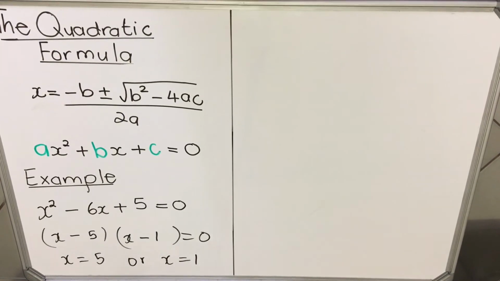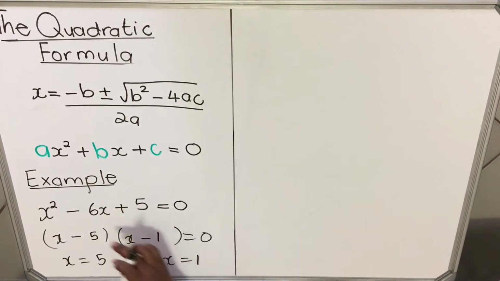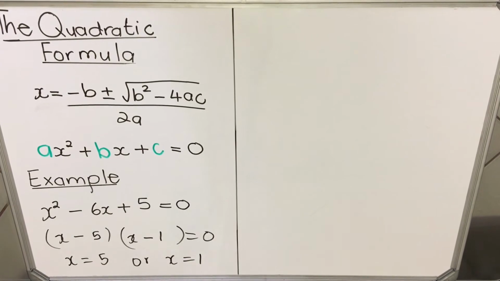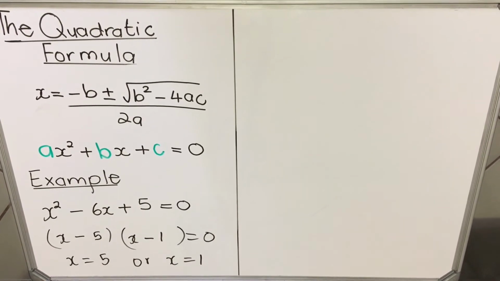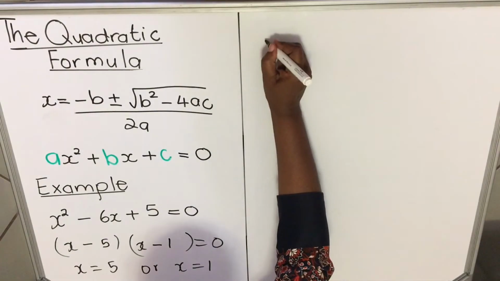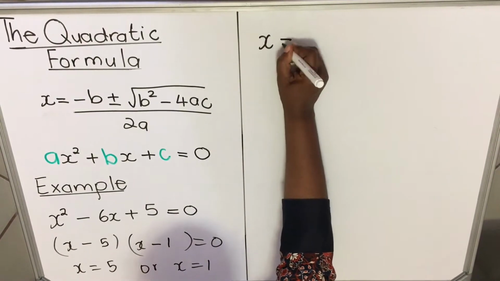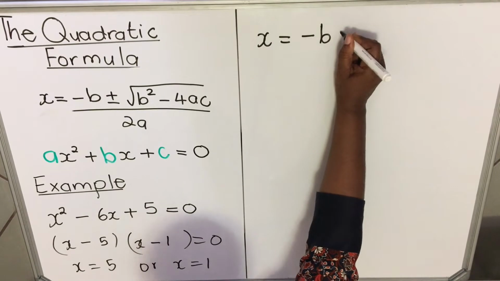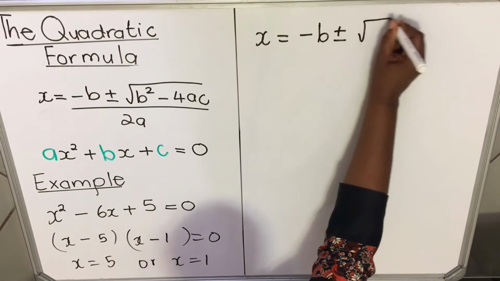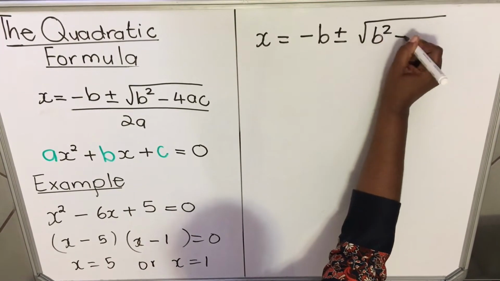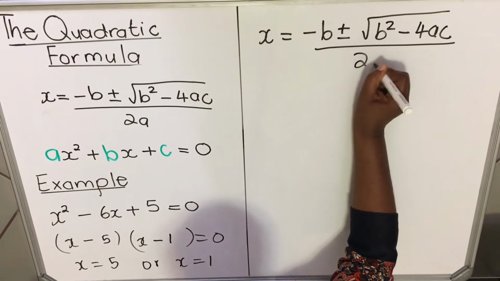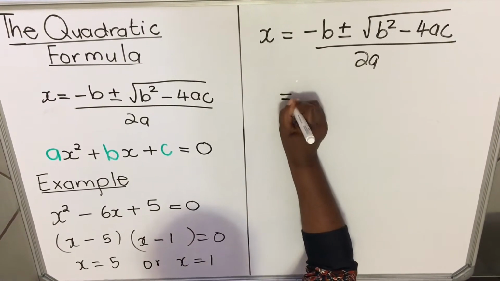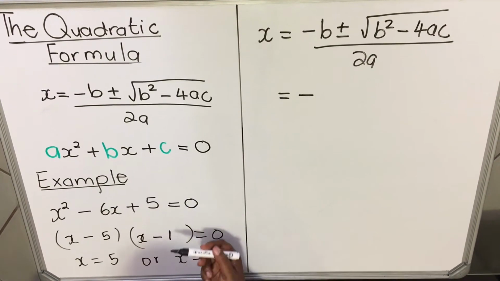So now we're going to use the quadratic formula on the same quadratic equation so that you can see that you'll get the same answers. Let's do that. You have to write the formula first. x equals minus b plus minus square root of b squared minus 4ac over 2a. x equals minus, what is my b?